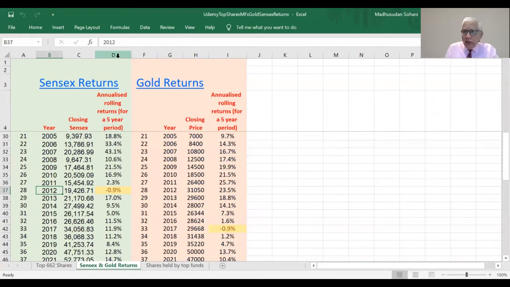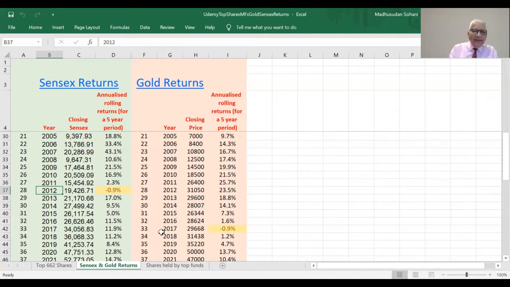They are in the hidden columns over here. The sheet is attached to the course material, so you can open it on your laptop and see the returns over a 10-year period. On no occasion have 10-year returns been negative. It makes sense to remain invested in the stock market over very long periods, such as 5 and 10 years at a time.